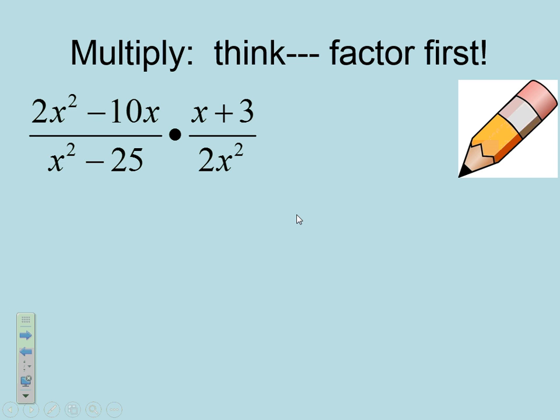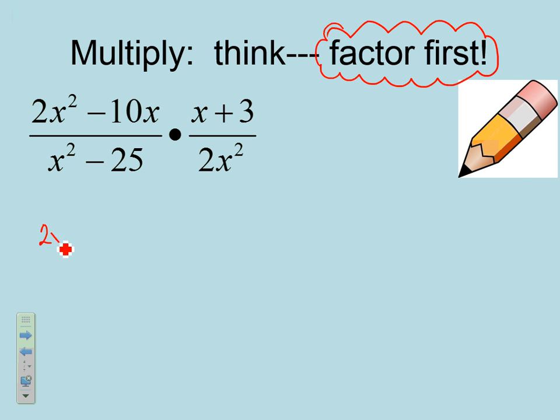I mean, factoring those, we're going to have to use p's over q's. Yikes, I don't want to do that. So what we should do first is we're going to factor first, okay? So if we can factor all the numerators and all the denominators, then the multiplication and the division is so much simpler.